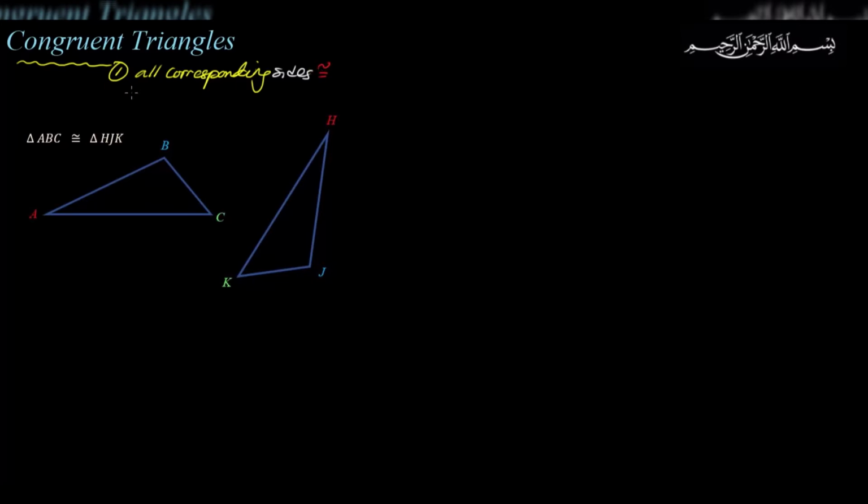So for two triangles, quadrilaterals, pentagons, or whatever to be congruent, all the corresponding sides have to be congruent. And all the corresponding angles have to be congruent. That's the second criterion.